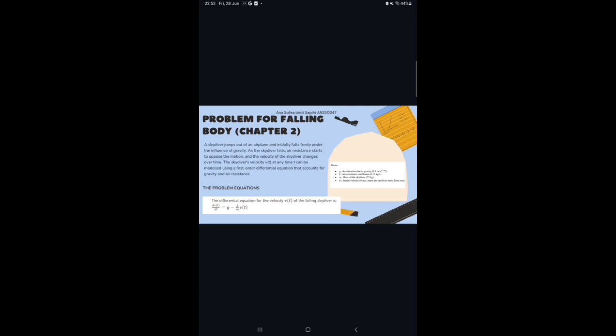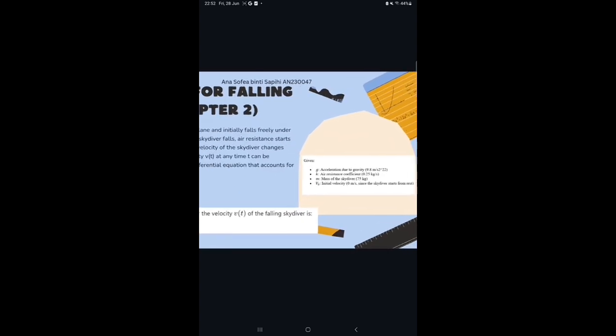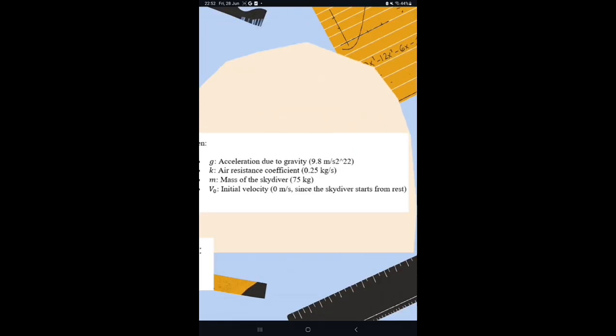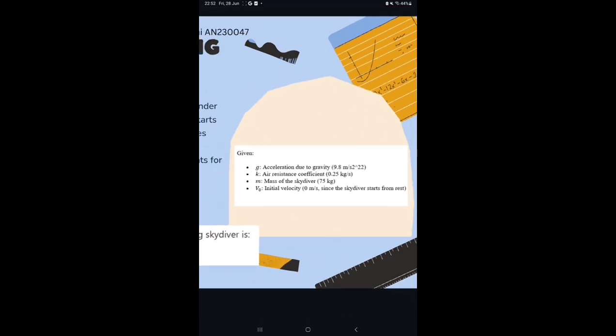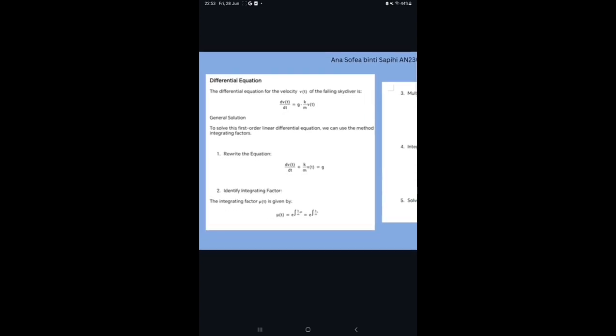The given initial values are g equal to 9.8, the air resistance coefficient k is 0.25, the mass of the skydiver is 75 kg, and v naught is 0 meters per second.